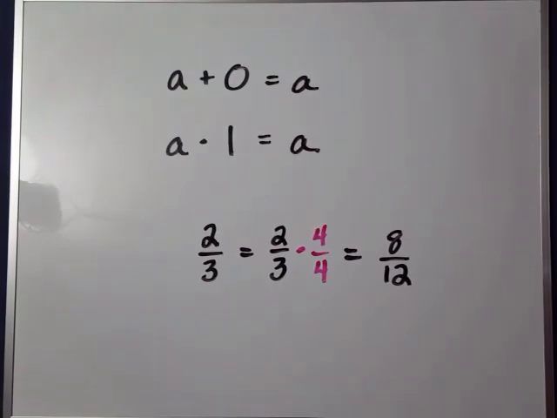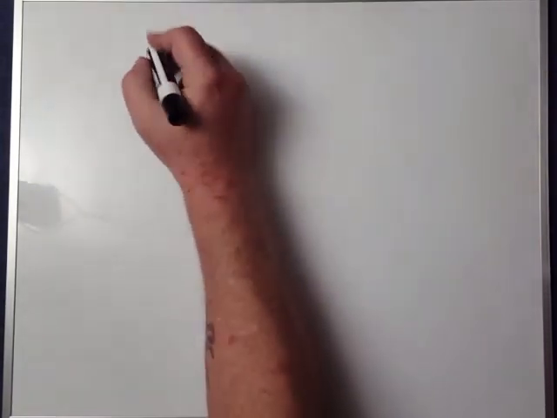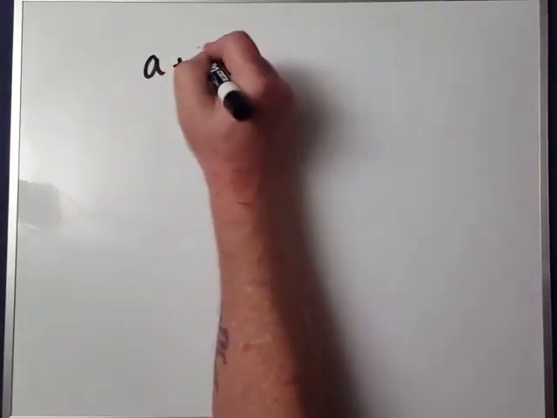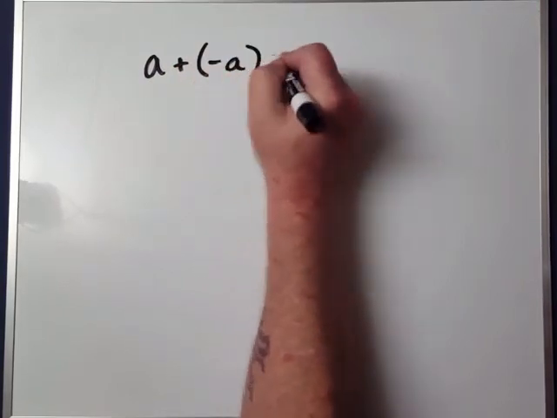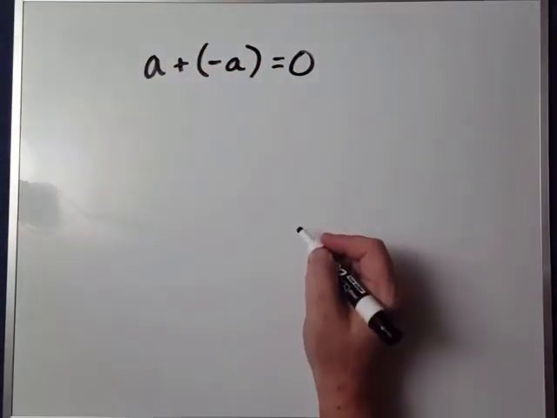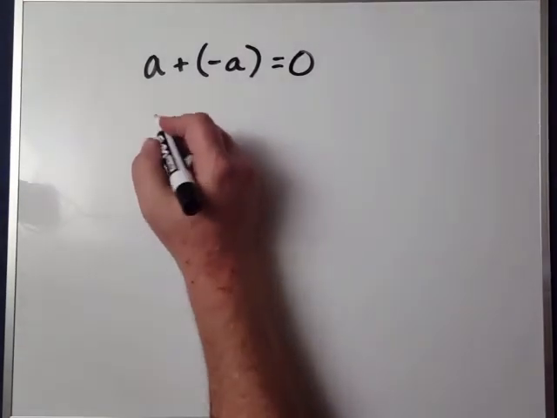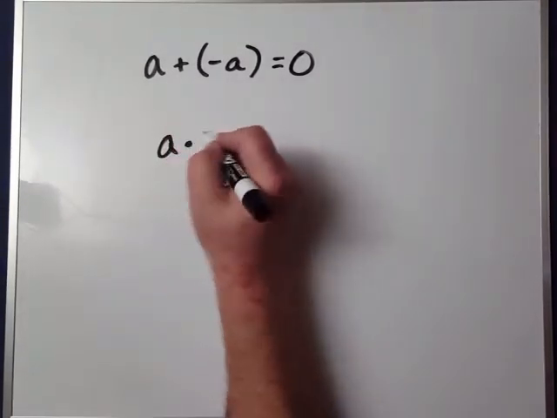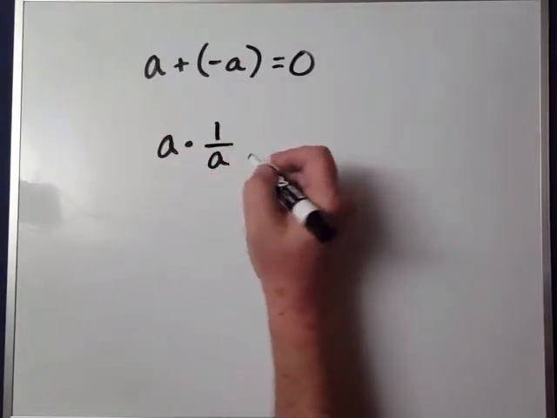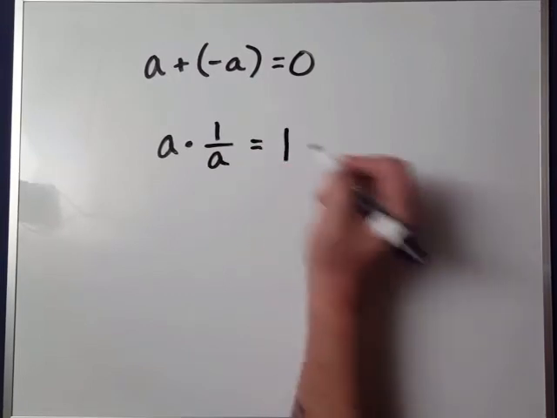Now these are the identity properties, not to be confused with the inverse properties. Here on page 81, the inverse properties. The first one says A plus opposite A is 0. And the second line, A times the reciprocal of A is 1.